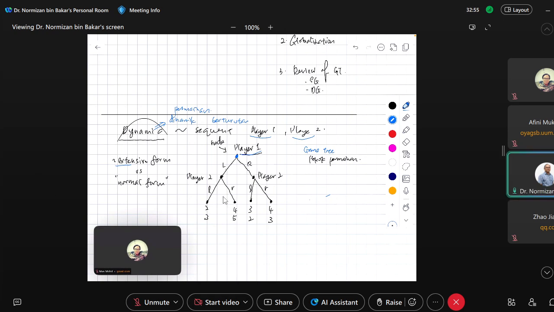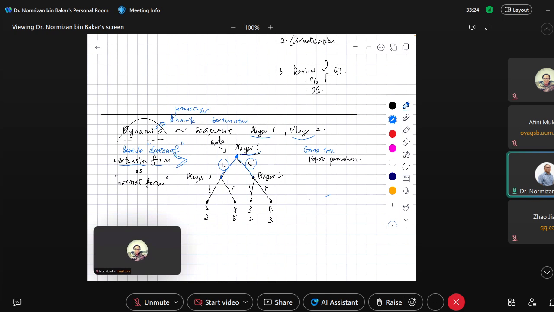So player 1 dia akan pilih dulu ataupun bertindak dulu. Katakan strategi dia ada 2, dalam form ni kita namakan strategi itu sebagai action, pilihan. Jadi L dan R. So player 2 akan lihat L ataupun R itu.